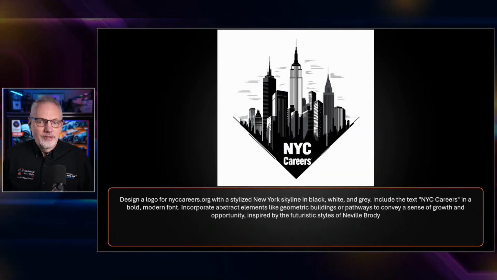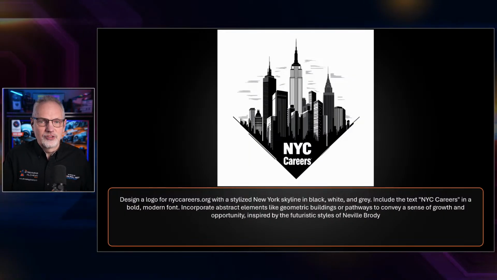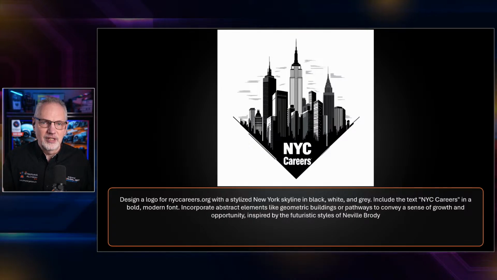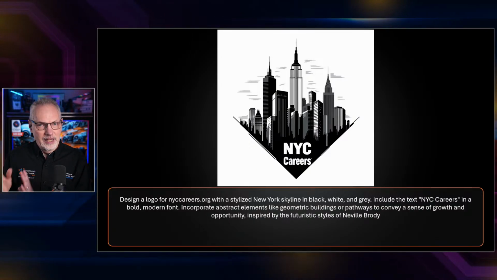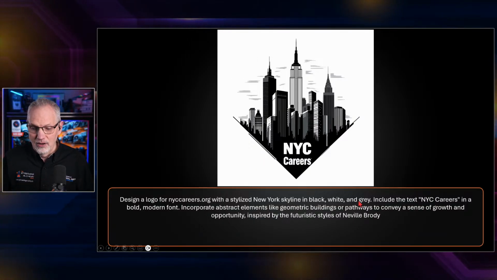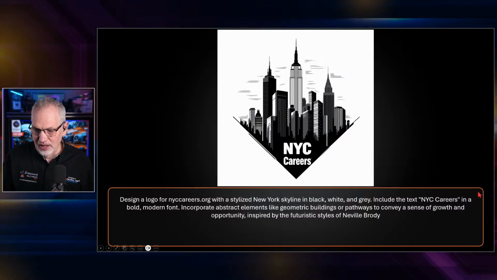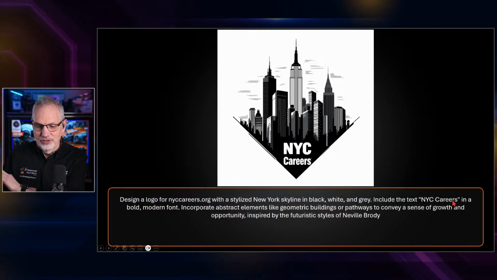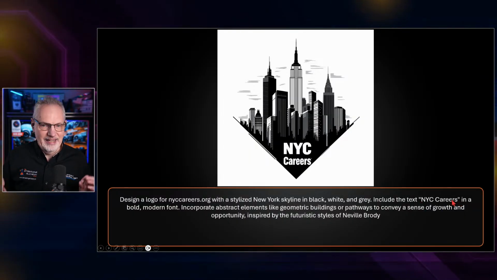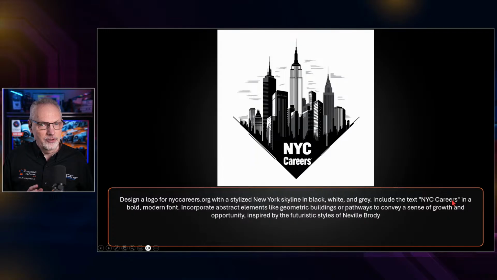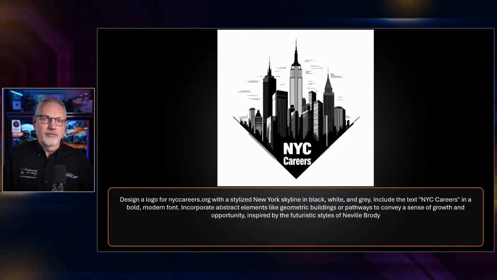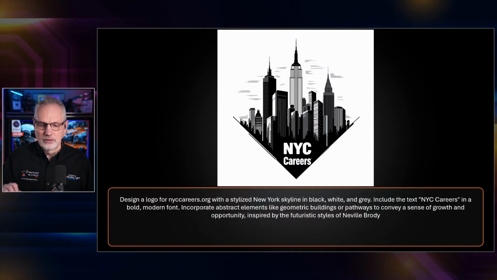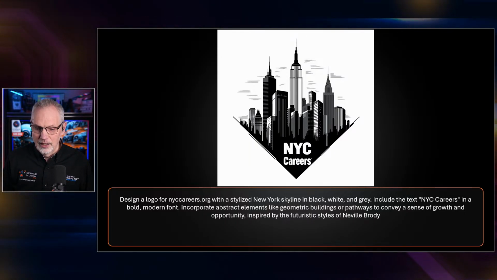You also can do things that you wouldn't think, like this is a logo that was generated. And you can see it has a lot of specificity in the prompts that it gave for this logo. One of the things you'll notice is not only did it specifically say, I want New York City careers, NYC careers in text in this, and it was able to do that, which very few of the image generation programs are able to work with text that way.